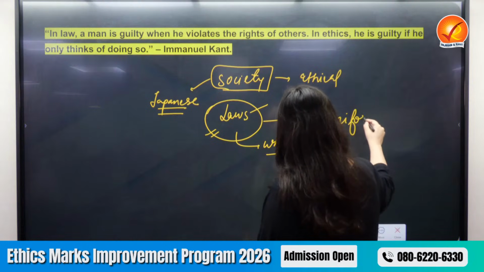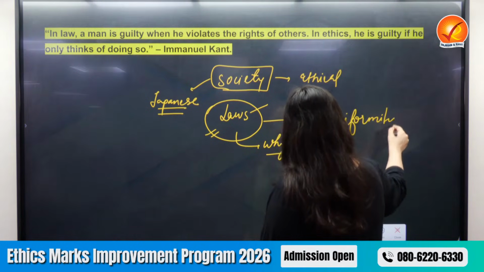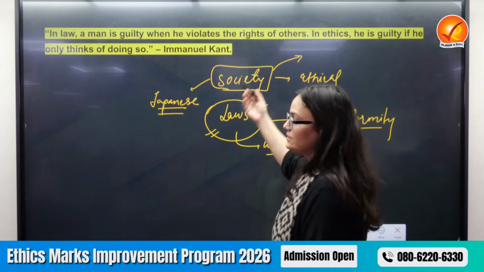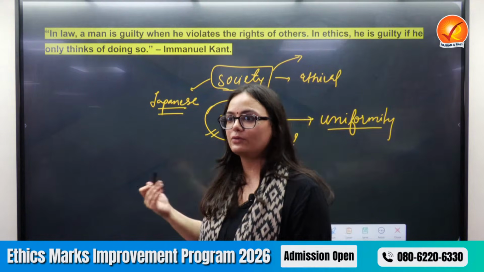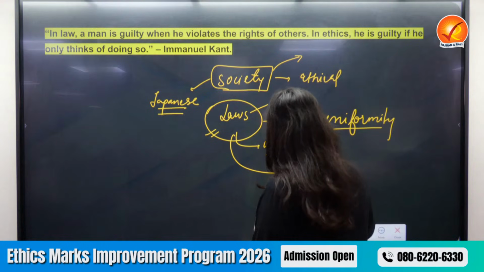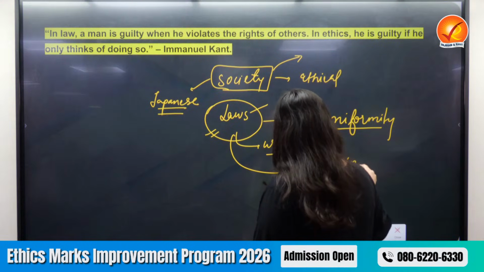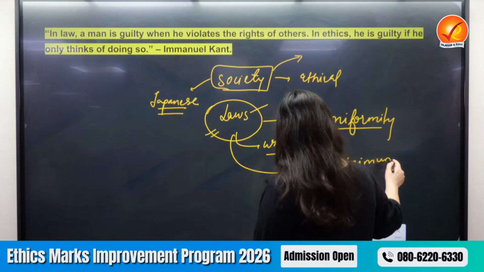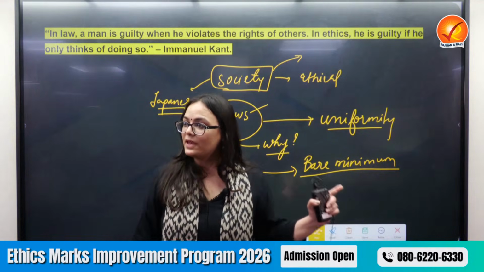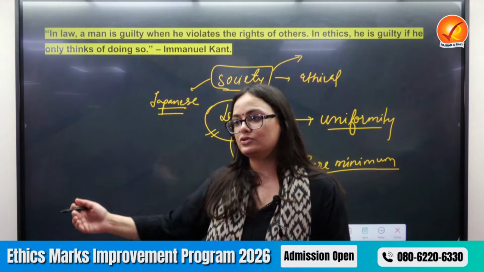So, laws are important to establish what? Uniformity. Ethics will exist only when everyone decides that we are ethical from today onwards. Law will at least establish a bare minimum standard of human conduct. And people who are not following these bare minimum standards will be put into jails.